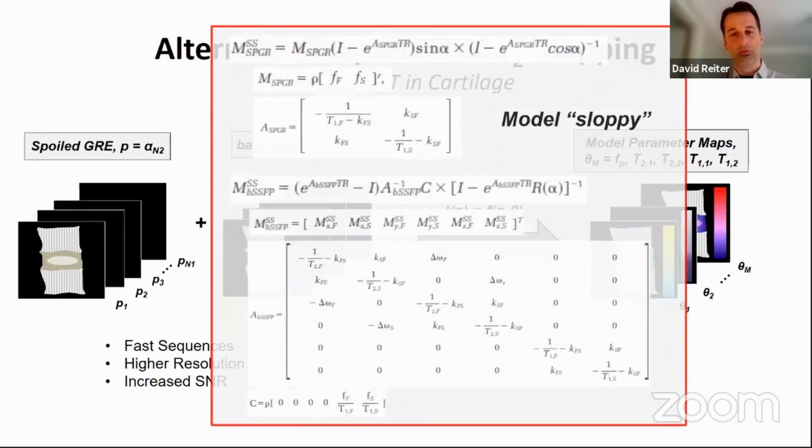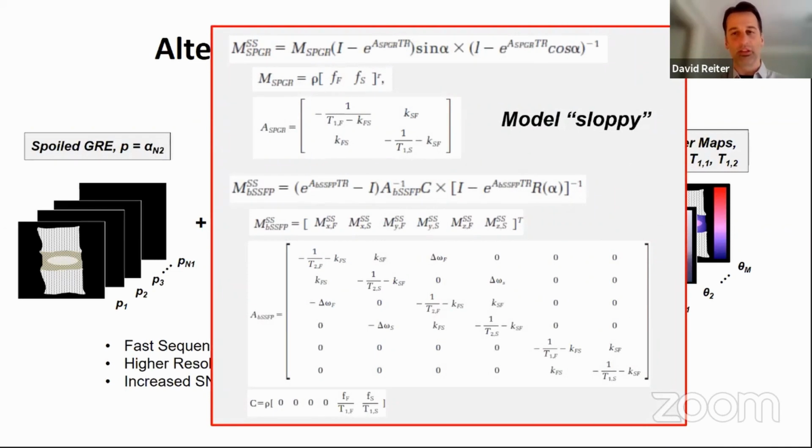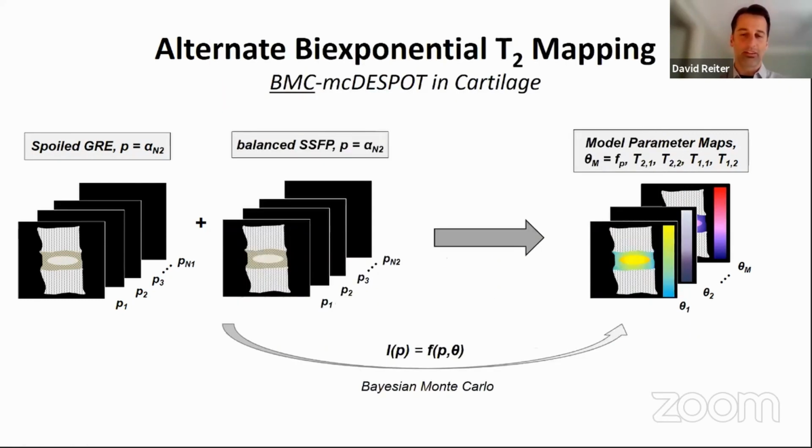To improve upon this, one thing to consider is that this signal model is actually quite sloppy and difficult to invert. That's been approached recently using a Bayesian type of approach for parameter estimation of the bicomponent model from this acquisition.